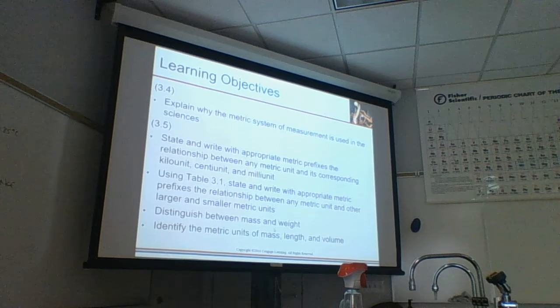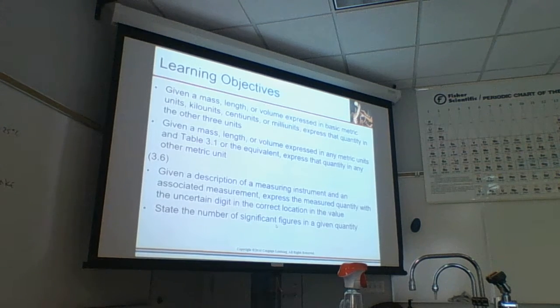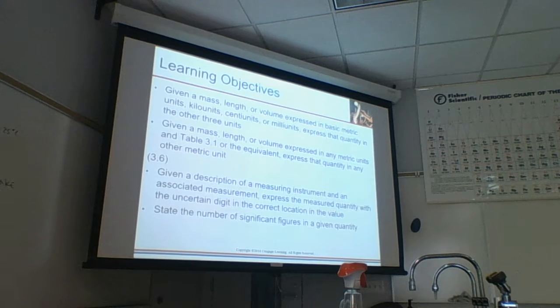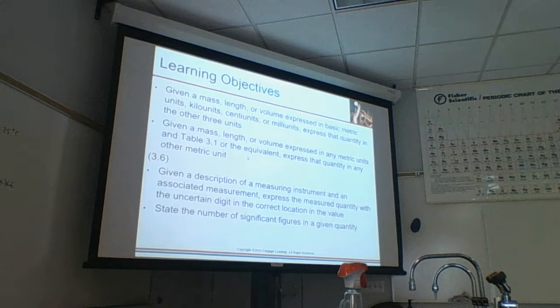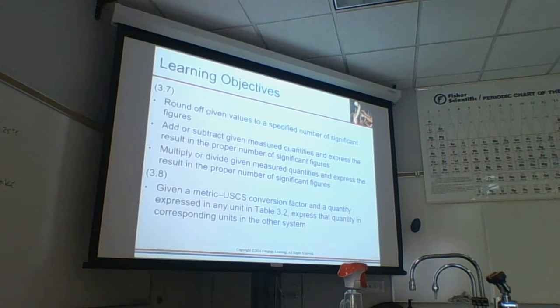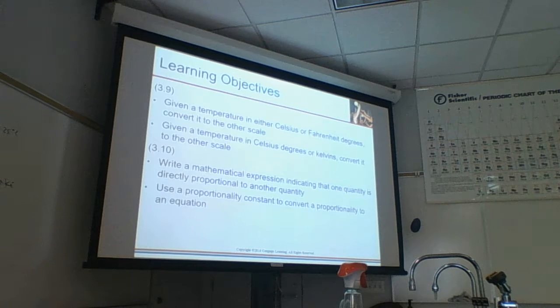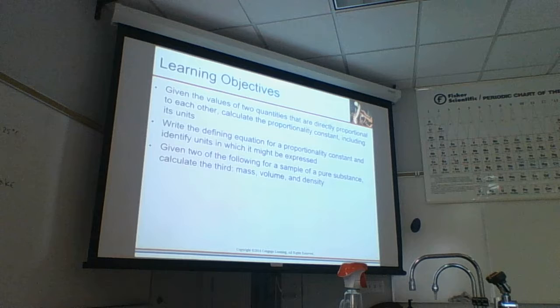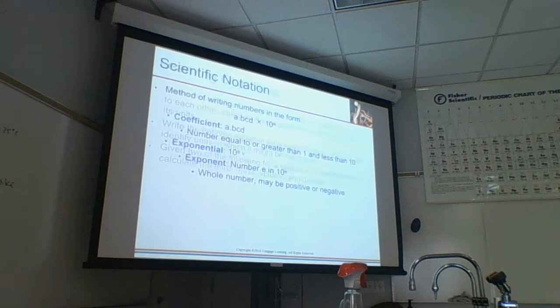The standard units of mass, length, and volume. We do unit conversions. Okay, that's it. So we'll be looking at this kind of long chapter. A lot of learning objectives here. All right, so we'll just start off here.